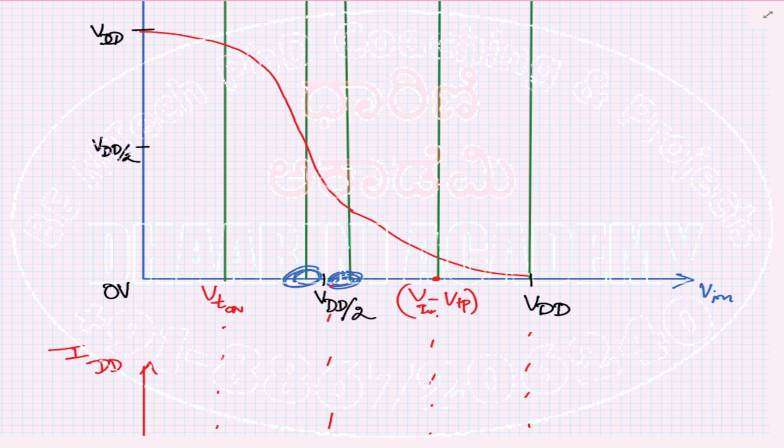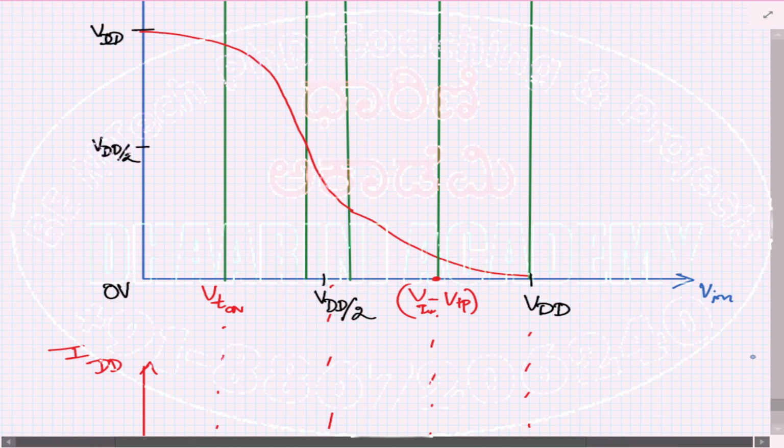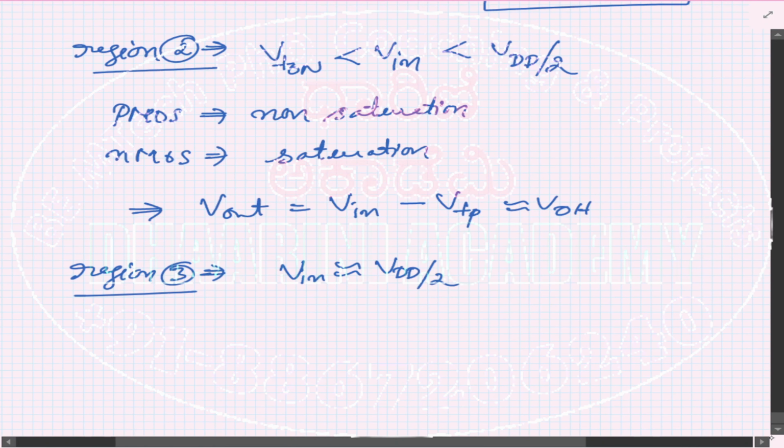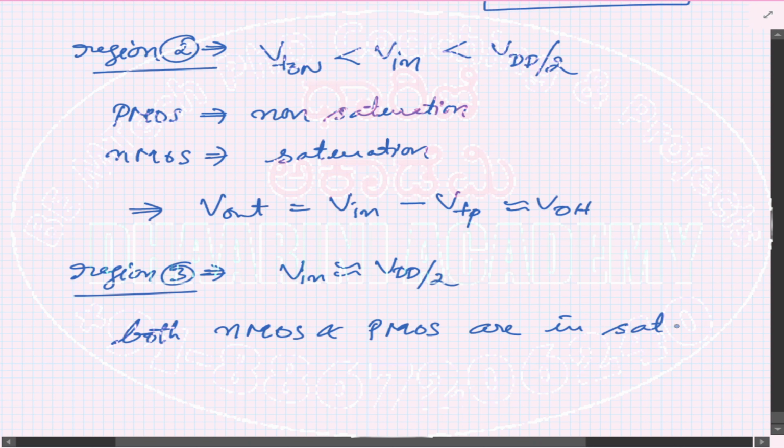So the voltage is very close, maybe lesser or maybe greater. In this condition, both NMOS and PMOS are in saturation.